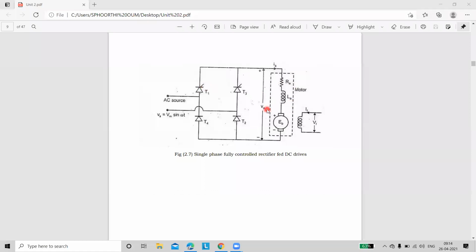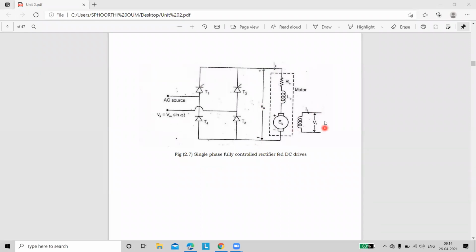That's why we connect the motor across the output terminals of the rectifier. The voltage across this motor is the armature voltage, that's why it is represented with Va. Always remember, the output voltage of the rectifier V0 is equal to the armature voltage Va.